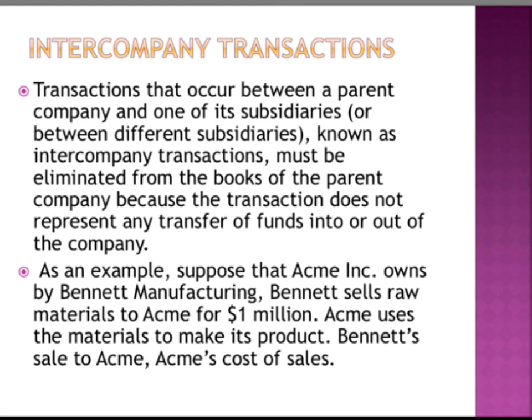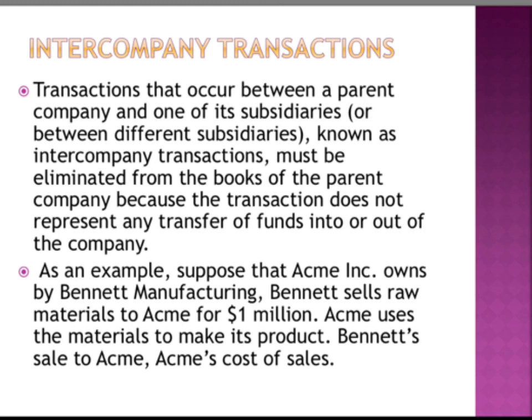As an example, suppose that Acme Inc. is owned by Banet Manufacturing. Banet sells raw materials to Acme for $1 million. Acme uses the materials to make its product. Banet's sale to Acme is a cost of sales. So, from the point of view of an outsider, money has merely passed from one part of the consolidated company to another.